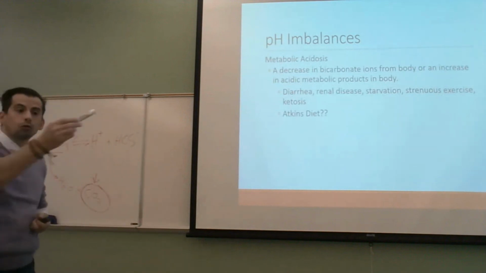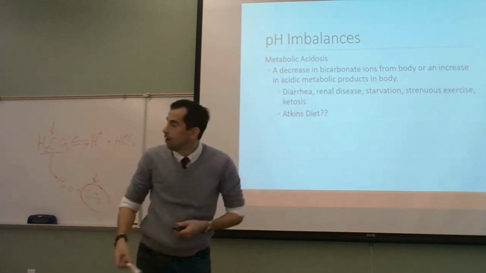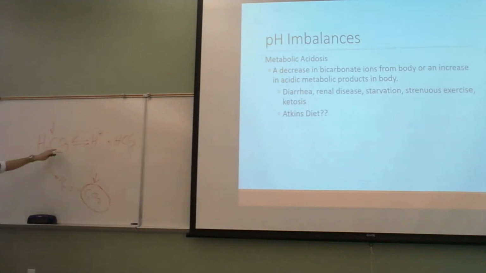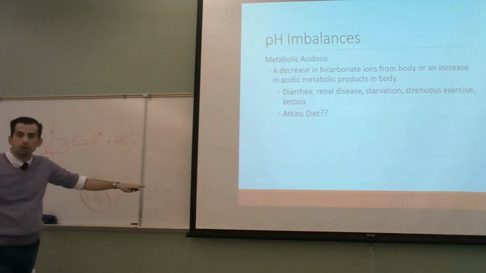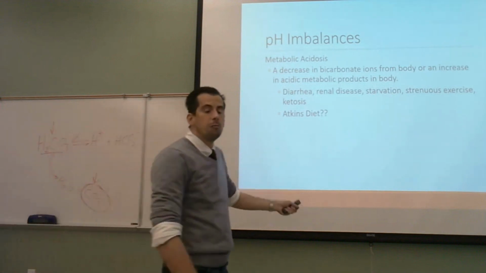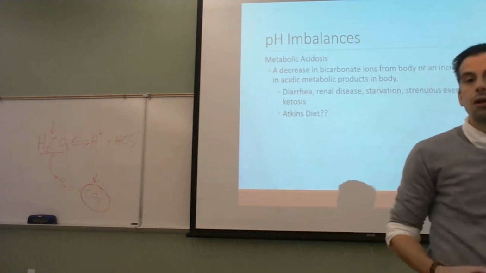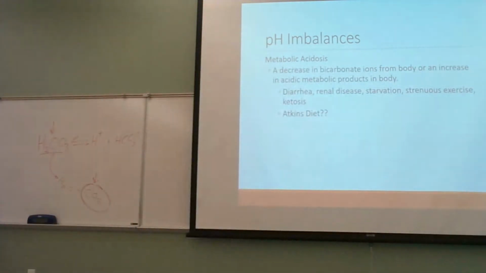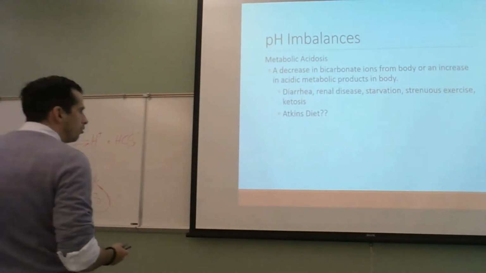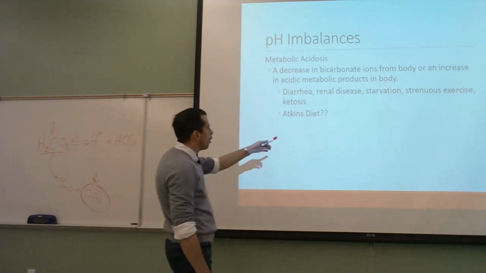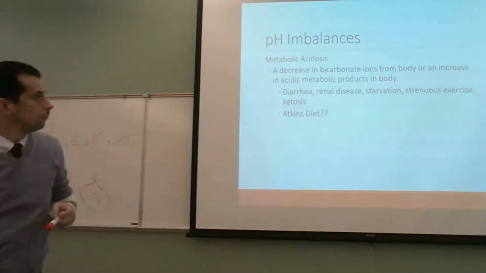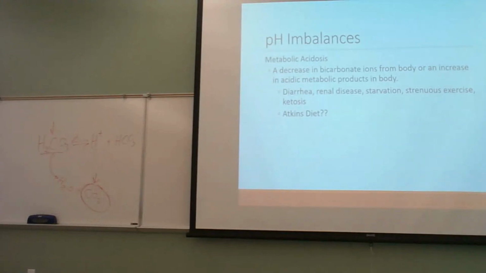Now, unlike the respiratory ailments, what about if you didn't have a problem with your carbon dioxide levels through breathing, but you were simply producing more acid? Some of the byproducts of metabolism increase hydrogen ions. You can get a metabolic acidosis: renal disease, starvation, excessive diarrhea causing dehydration.